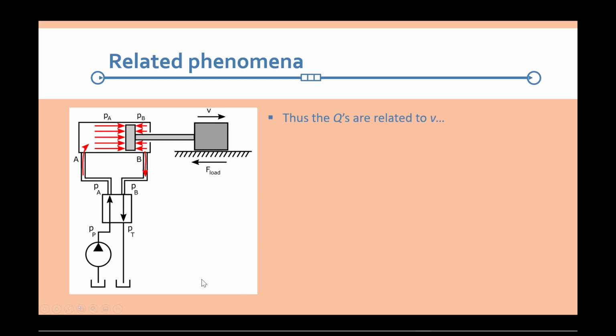Let's go through these interconnections, I guess you would say. The flow rates are related to the velocity, which is specified, but the delta P's across the DCV are related to the flow rate. So that means that the delta P's are related to the velocity also.